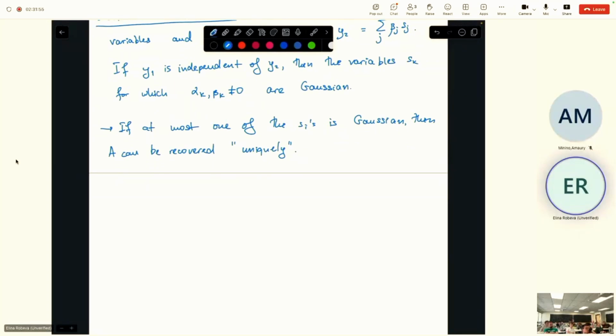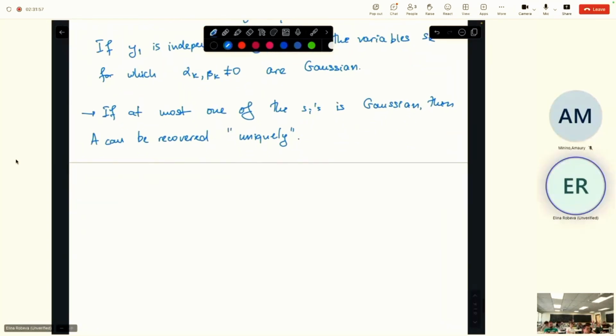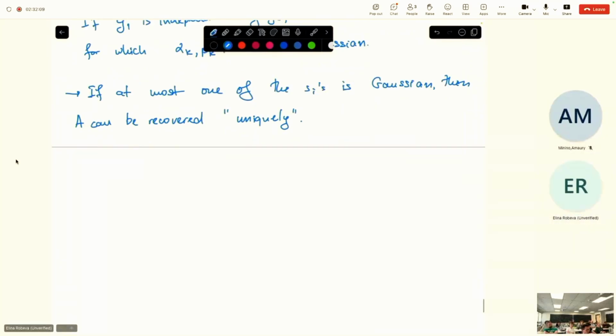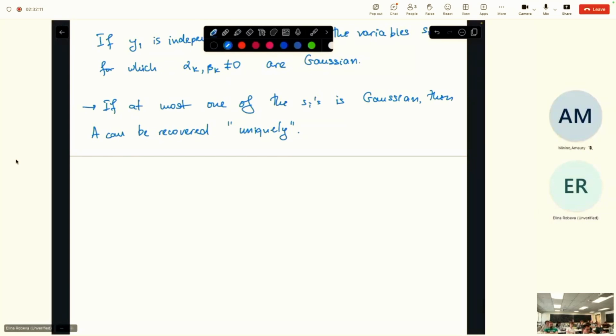To do this, I have to define the cumulant tensor of a random vector. I don't know if people have already defined it, possibly not. So let me just do it here. I'll write the whole statement as a theorem.